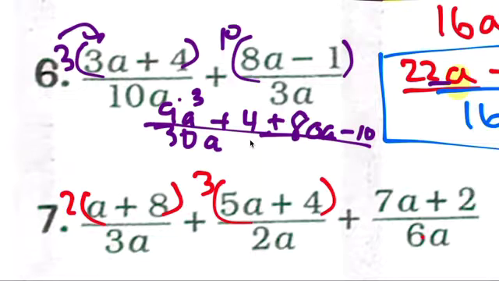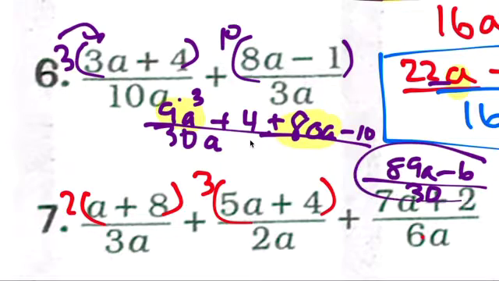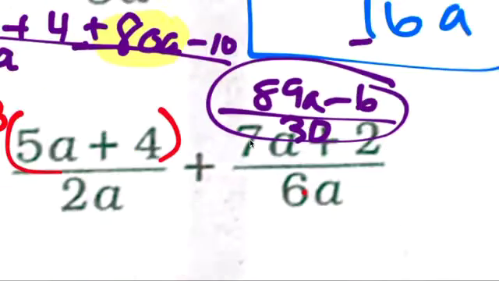So if you combine these together, you get 89A minus 6 over 30A. Because all 3 numbers cannot be divided by anything, you leave it like that, even though you can separately reduce 6 over 30. Okay.